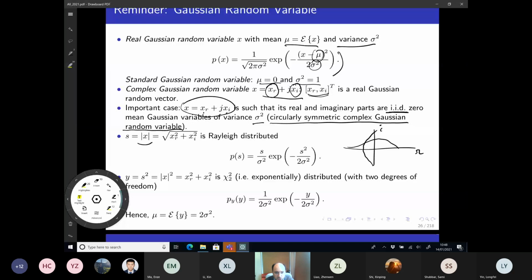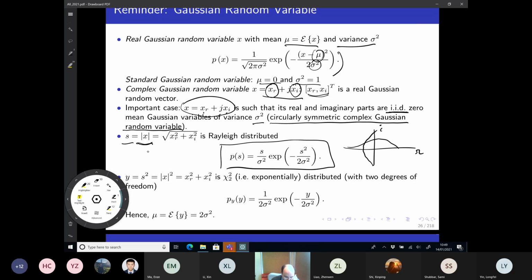You have two normal random variables, and you can do a change of coordinates, going from Cartesian coordinates to polar coordinates, and from there you can get the PDF of the magnitude. So this quantity that I call S here is Rayleigh distributed, as given by this. And the phase of this will be uniformly distributed over 2 pi.